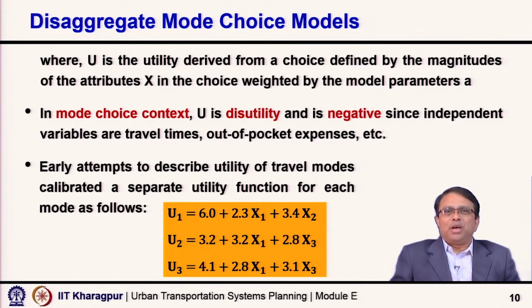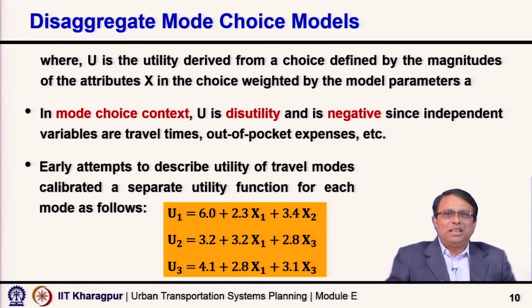So, in early attempts to describe the utility of travel modes, a separate utility function was calibrated for each mode, as indicated here. That means, if you have 3 modes, U1, U2, U3, they somehow calibrated how to get this equation.